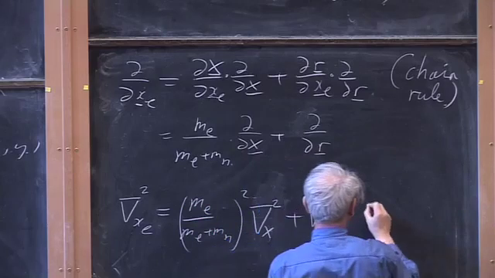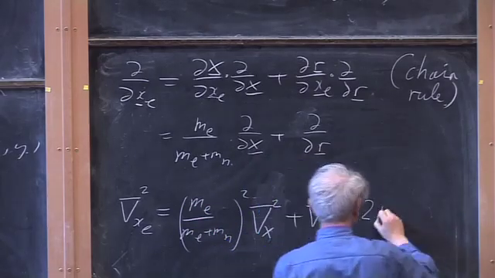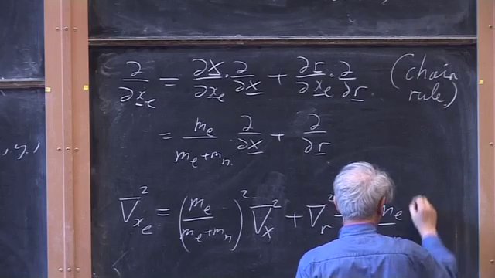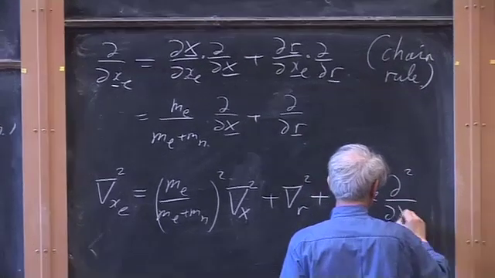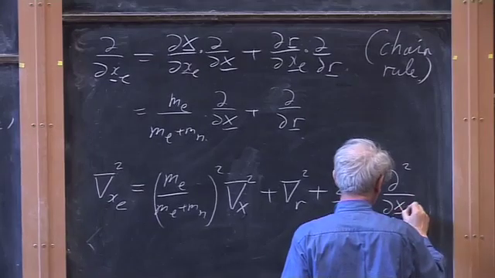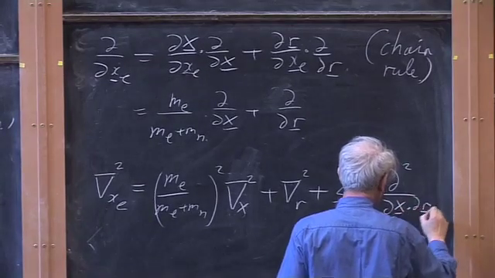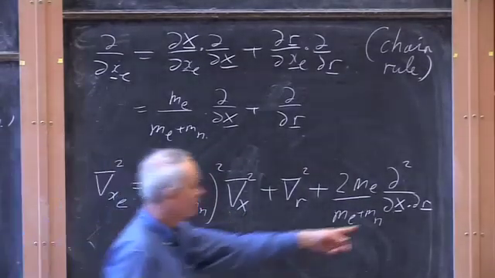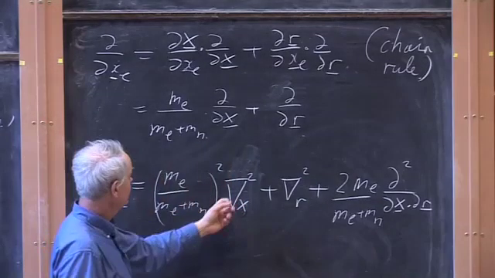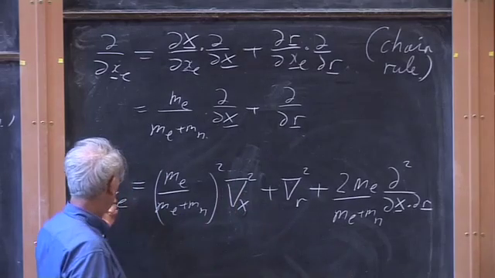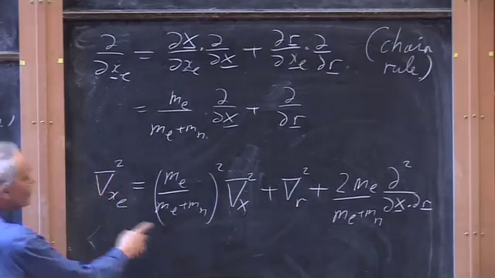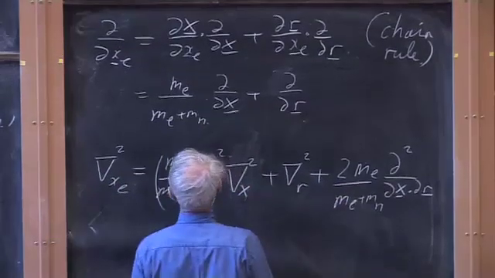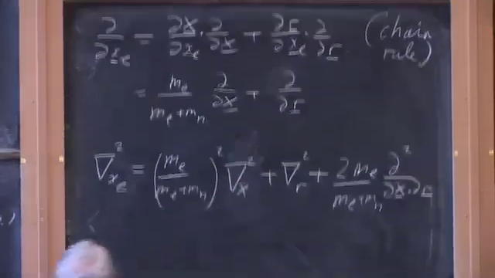So we end up with plus 2 of me over me plus mn of d2 by dX dr. So this is not very nice. Nobody wants this. This is excellent. We've found a relationship for this, which we want, in terms of this and this, which are fine, but this is definitely not required. Would kindly go away.